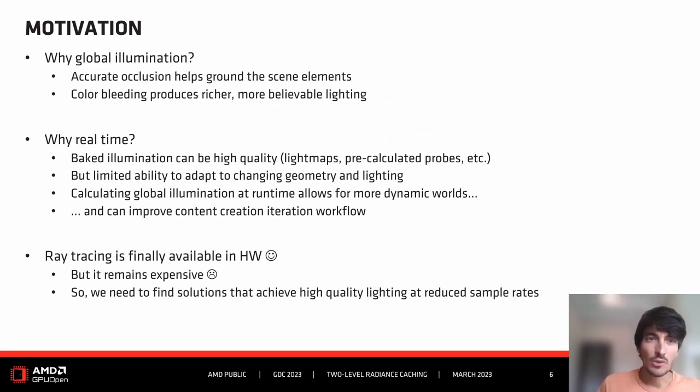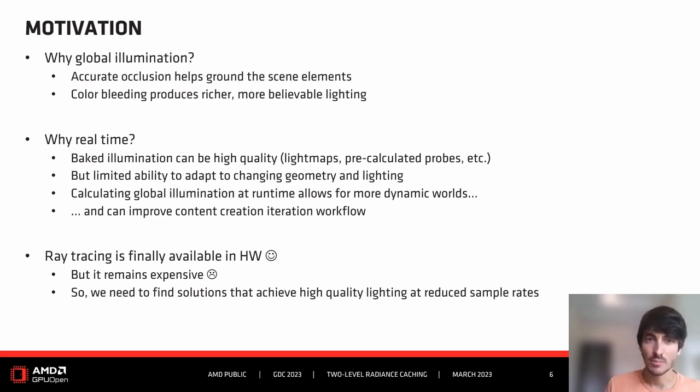So why global illumination? Hopefully the images we've just seen help answer that question. Accurate occlusion can really help ground the scene elements together, and color bleeding can produce richer and more believable lighting, a more believable world, therefore. Now, possibly a more interesting question is why real time? Why do it at runtime?